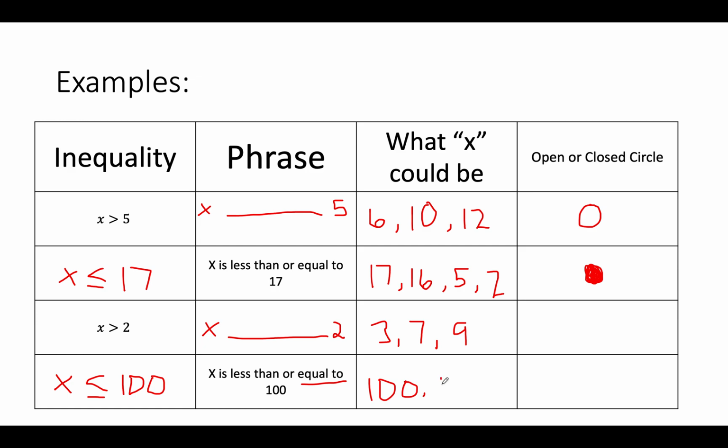And then anything below, it could be 1, it could be 99, as long as it's below 100. And looking at our last two, open or closed, we did not have an equal to here, so that's going to be open. That tells us that 2 cannot be a solution. And then again, we have an equal to, as we did, and that will make it a closed circle.